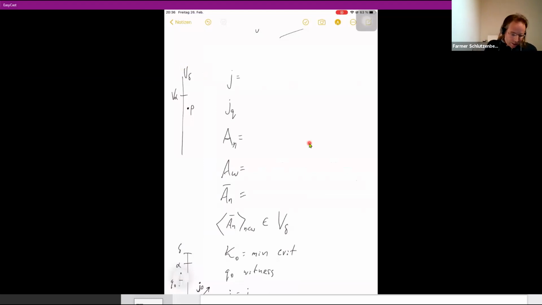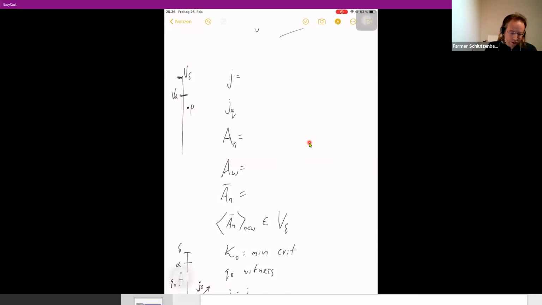So we've got this V delta, and we're looking at some V alpha, and P is a parameter in V alpha, and we're going to assume that J from V delta to V delta is fully elementary and definable. So J is the set of pairs X, Y in V delta such that V delta satisfies phi holds of P, X, Y.